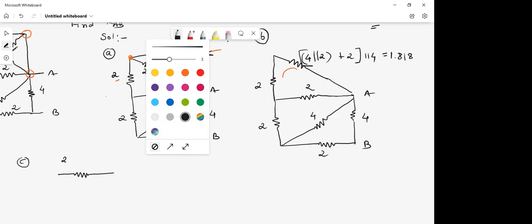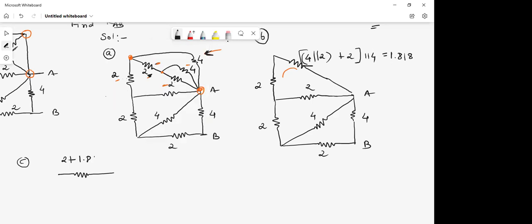So 2 plus 1.818, whatever answer comes, parallel 2.